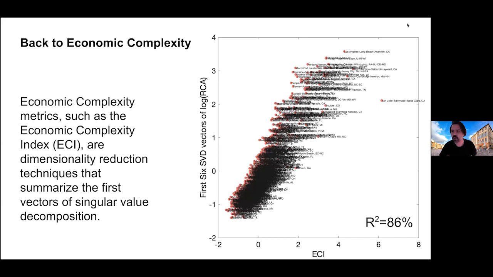And there's a very strong correlation of around 86%. But the economic complexity index is nice because it puts San Jose, Silicon Valley very much to the right, it scores very well. The same with Boston, Cambridge. You also see Chapel Hill down here does well, and there's a reason for that, which is that the economic complexity index also normalizes quite well for the sizes of locations, so it's a very intensive metric.